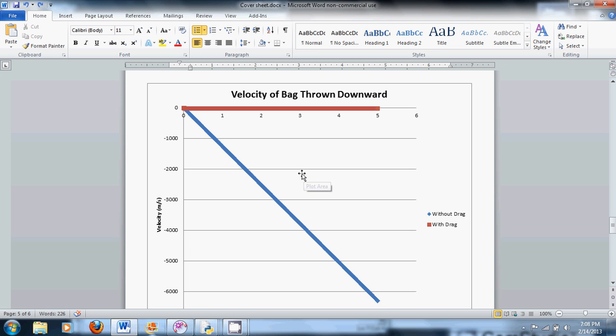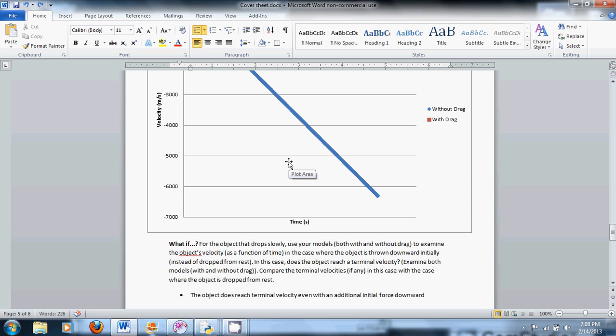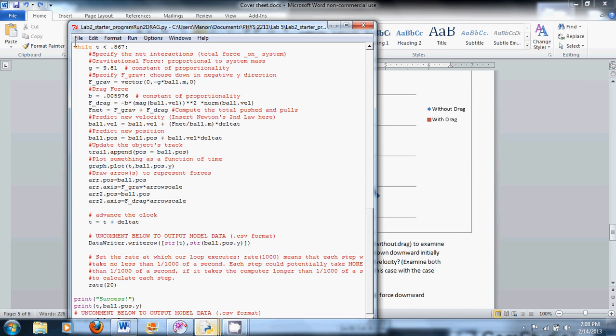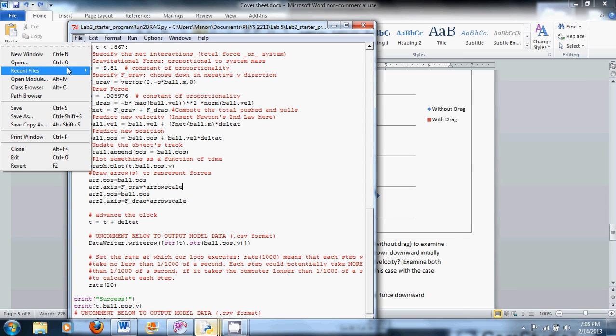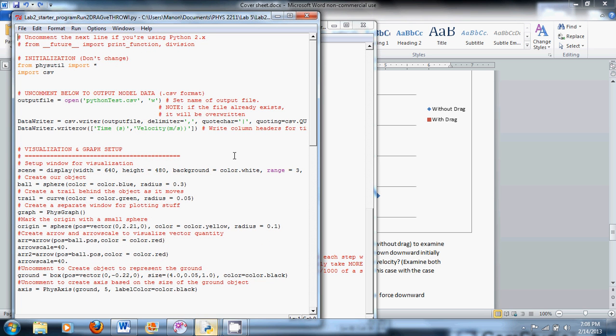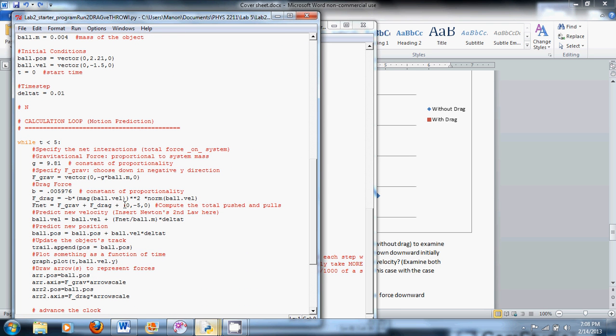Then when we add an initial force downward to the bag, we basically do the same thing that we did in the other runs of VPython, but you just have to add the initial force here.